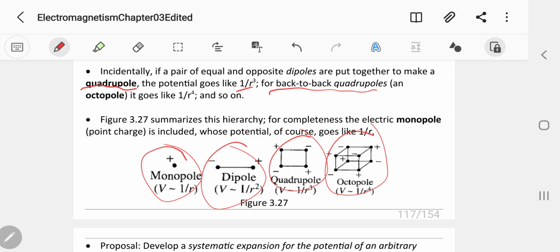And for the next configuration, the potential would have to be proportional to 1 over r to the fifth.